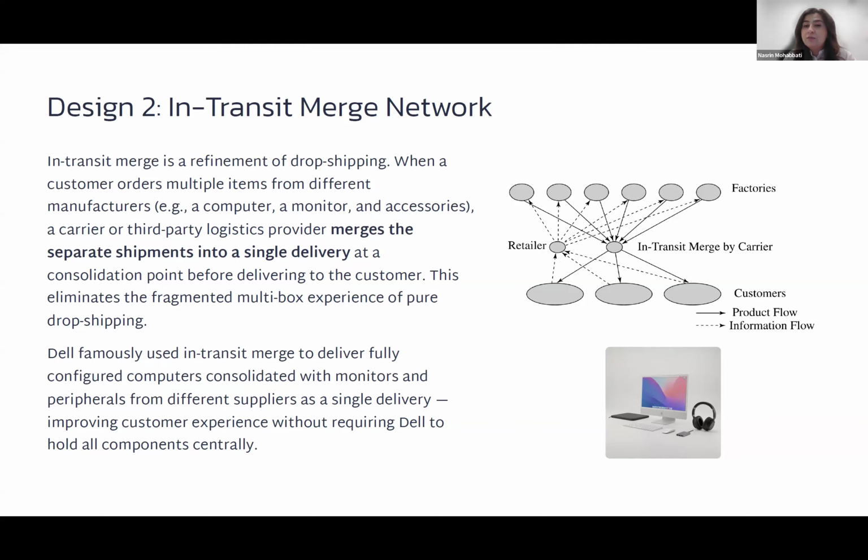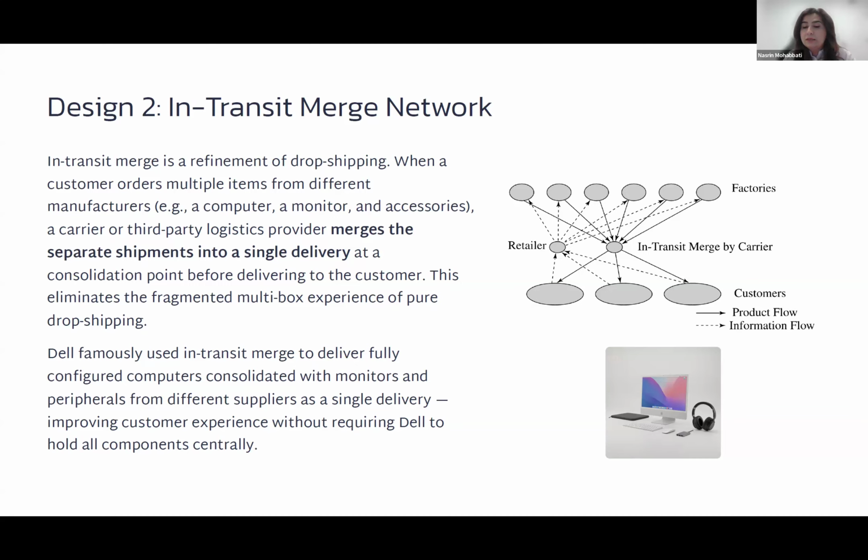We have in-transit merge by carrier as well, I'm going to explain. And then customers. Let's say that customers place an order. That information goes to retail stores, and then retail stores pass that information to the factories or the manufacturing centers, assembly sites, and they want to fulfill the customer order.